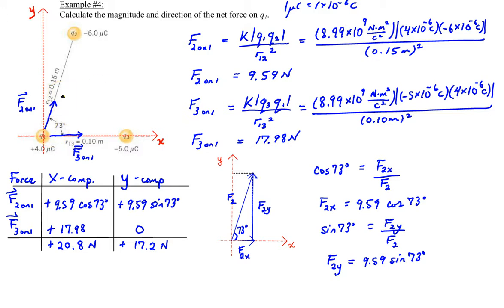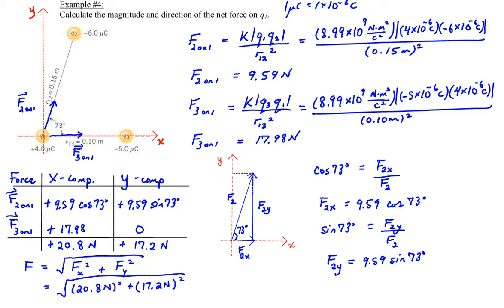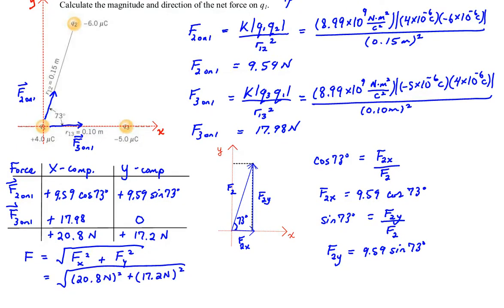Now we need to find the total force by putting these components together, and we're going to use the Pythagorean theorem. Remember that Fx squared plus Fy squared, and we take the square root of that sum. So substituting in, we get the following. And I've just realized this doesn't make sense. 9.59 sine 73 is not 17.2.